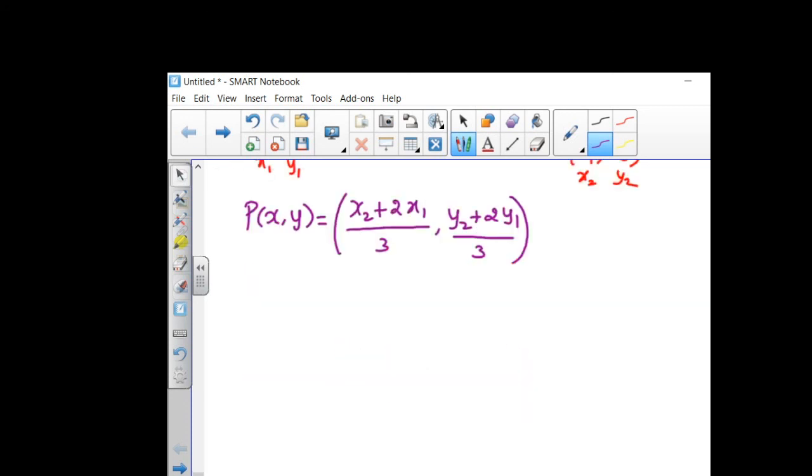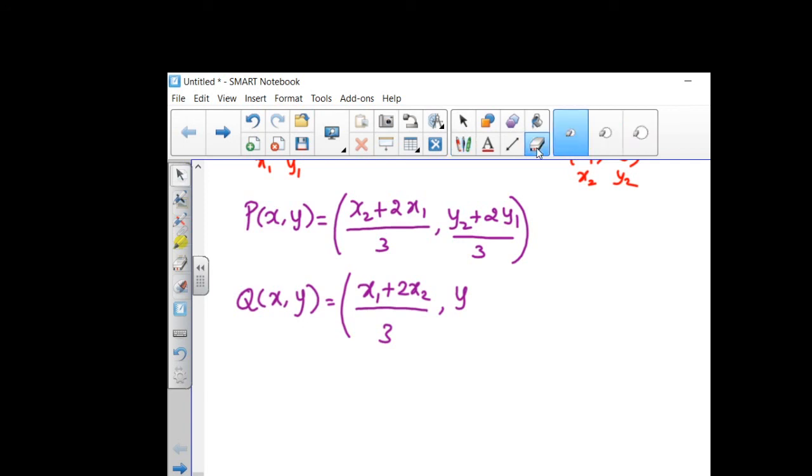Then another point, Q of x comma y is equal to (2x2 plus x1) by 3 comma (2y2 plus y1) by 3.